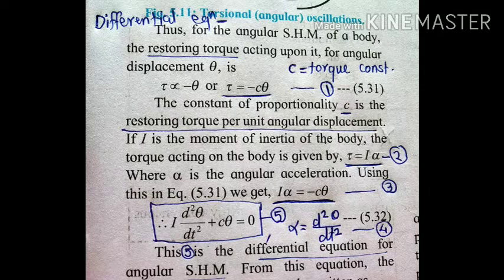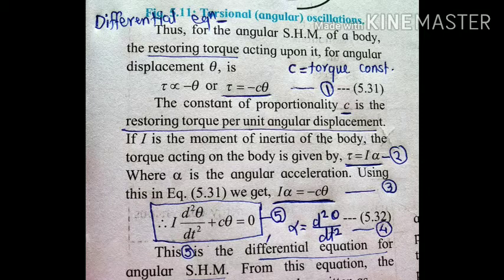Another is displacement. In linear motion we call it linear displacement or only displacement, and in angular motion displacement is called angular displacement. Similarly, velocity. In linear motion, linear velocity or only velocity.